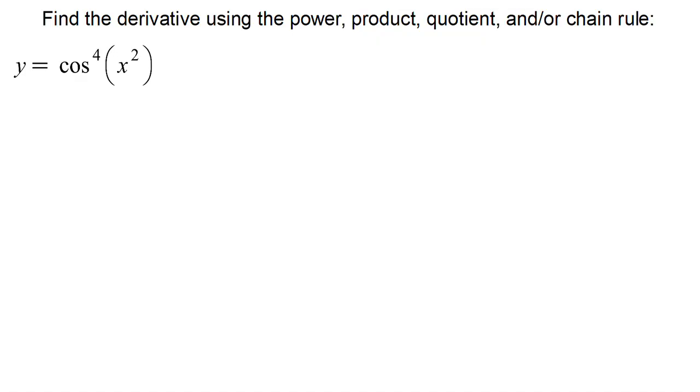All right, for our next one here, cosine to the 4th of x squared. Well, this time we do have a function being composed into another function. So this is y equals u to the 4th, where u is equal to the cosine of x squared.